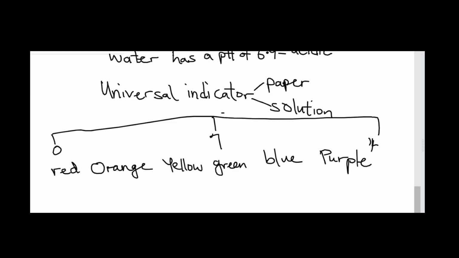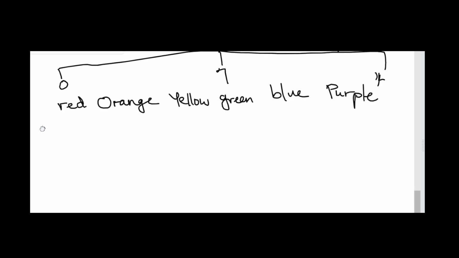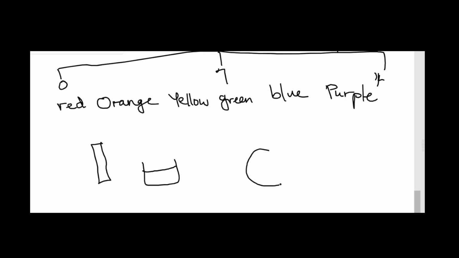So let me do a quick sketch here. So let's say that's my litmus paper. That's a really wonky one. Should look more like this. All right, that looks better. And let's say that's my solution. Now on the side, I will have a chart that shows me a color range.